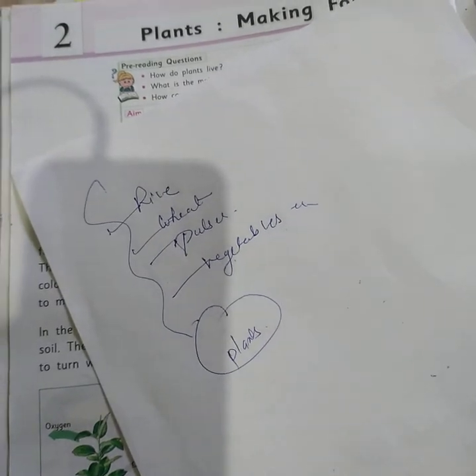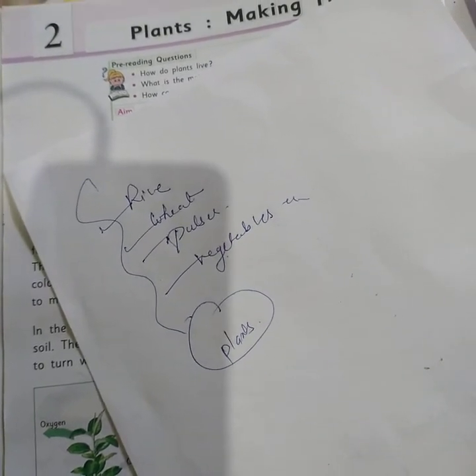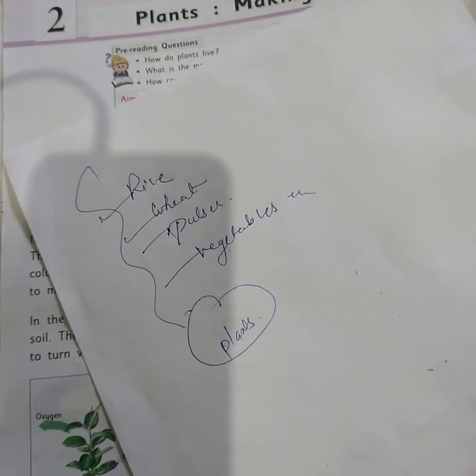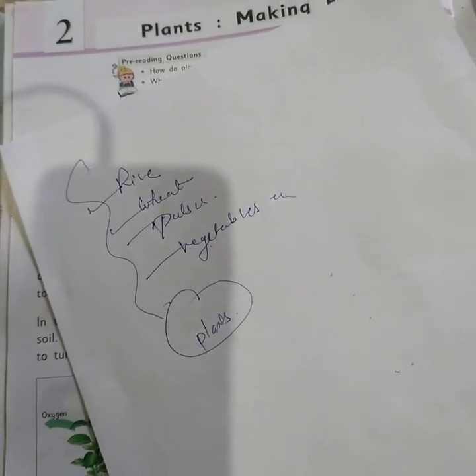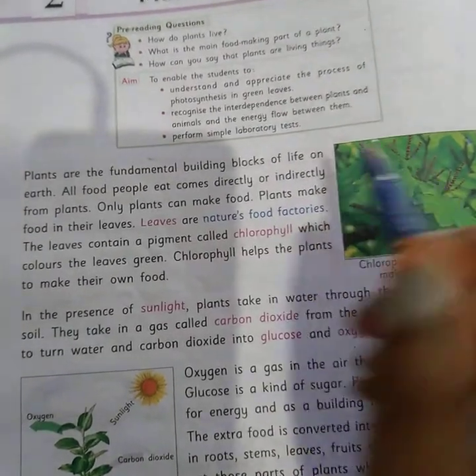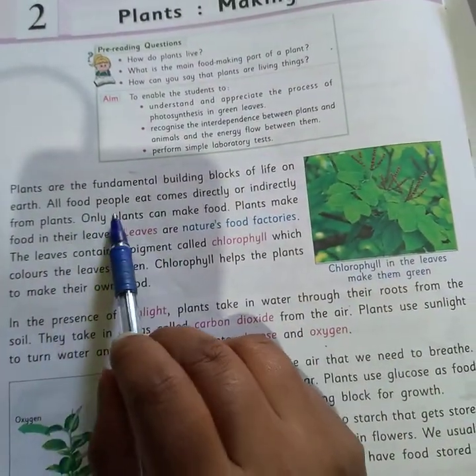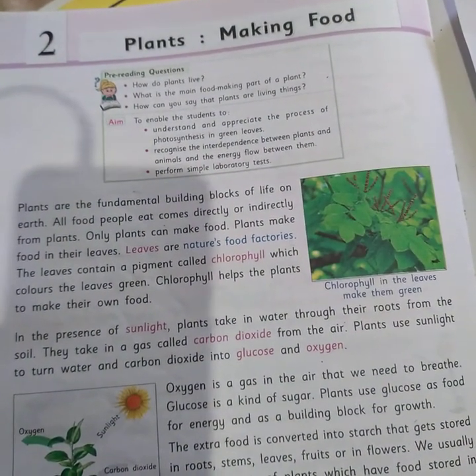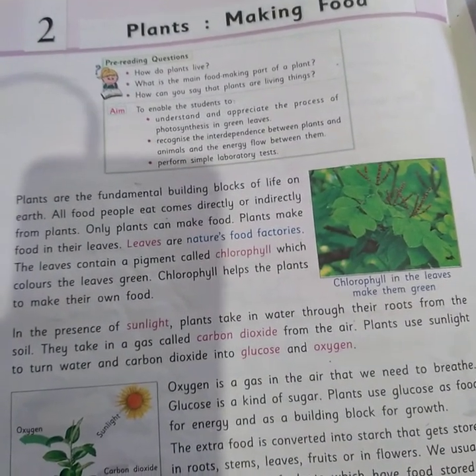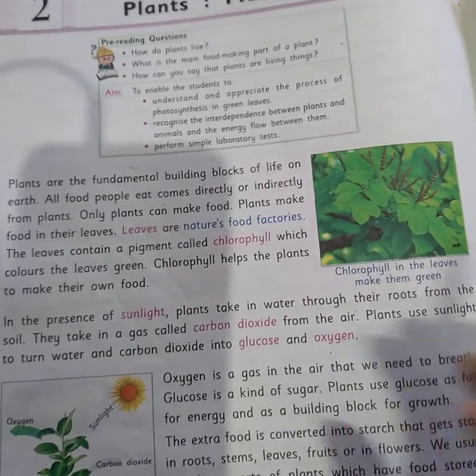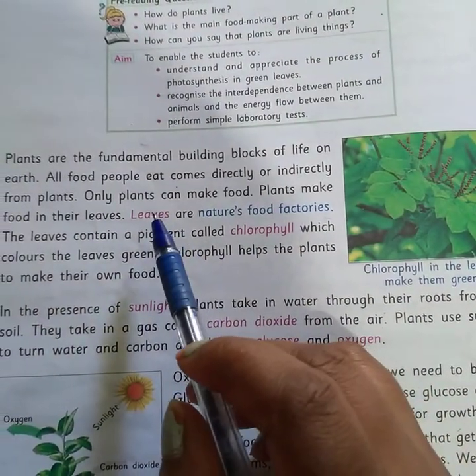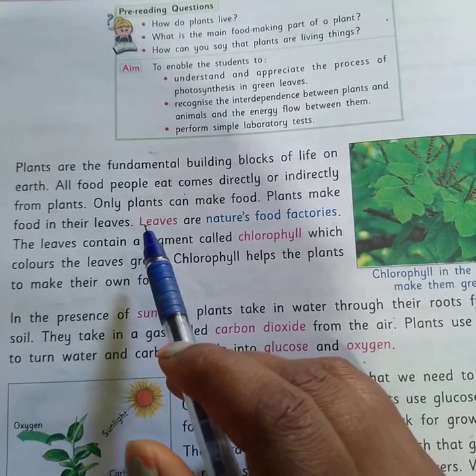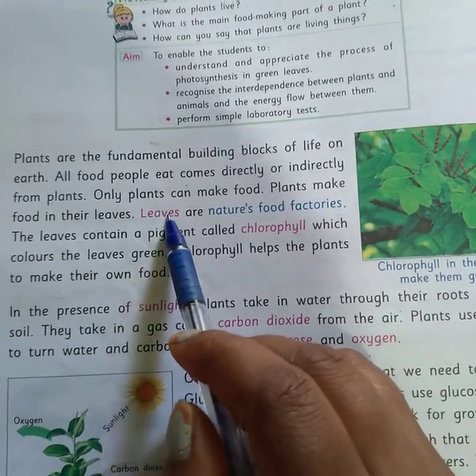And some non-vegetarian foods like egg and milk we get from animals. So we are dependent on plants and animals. Here it is written that all food people eat comes directly or indirectly from plants. Only plants can make their own food. We can build our food by cooking, but from where do we get the material? We get the material only from plants.